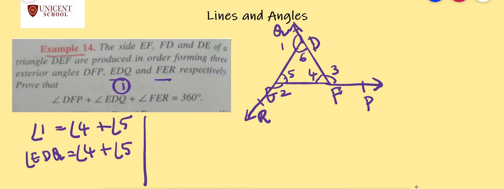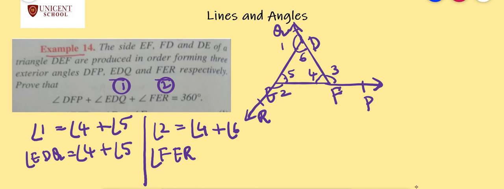And now next we will take another exterior angle, that is angle 2, which is equal to 4 plus 6. So angle 2 also can be written as angle FER. So this is what we got with the second one, which is equal to angle 4 plus angle 6.